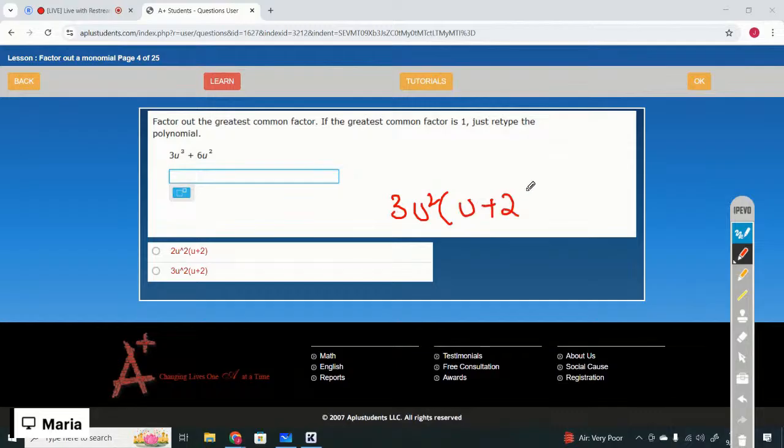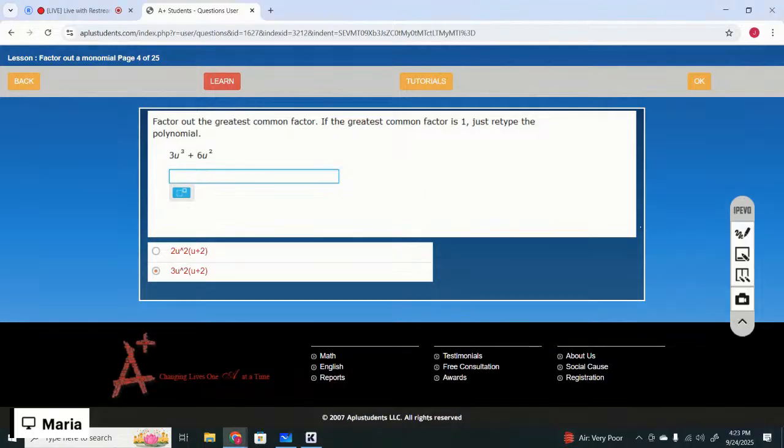We are left with u plus 2. That is option number 2. 3u squared, u plus 2.